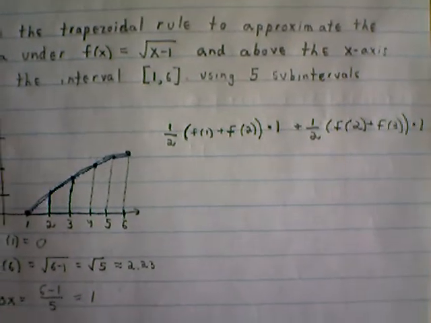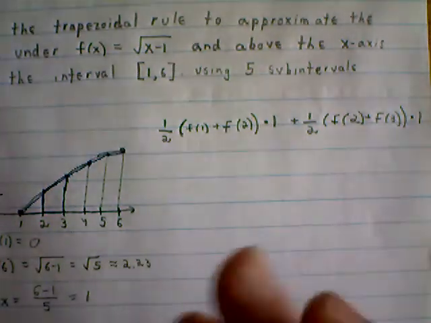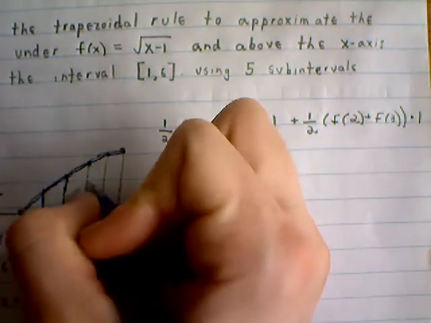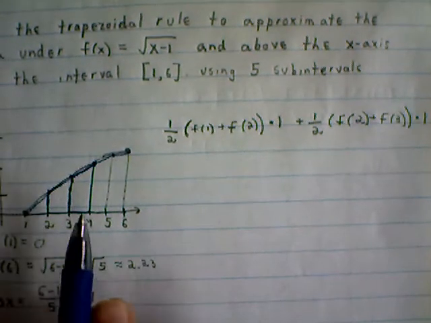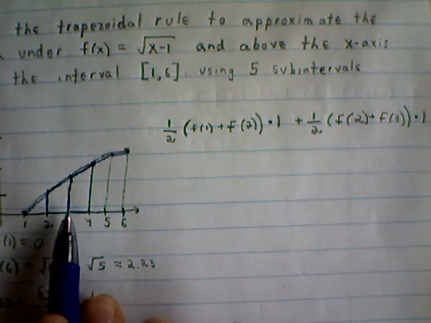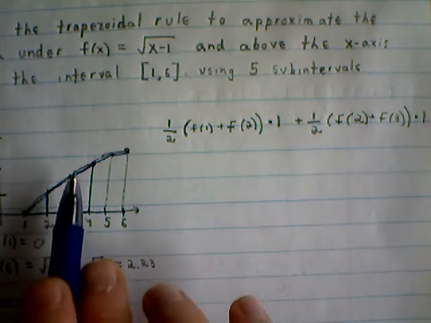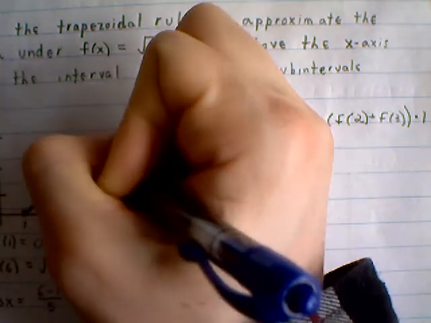Now I am on the third trapezoid, this one that I just highlighted, the trapezoid on the subinterval from 3 to 4. Base 1 is going to be f of 3, because my height here is f of 3.